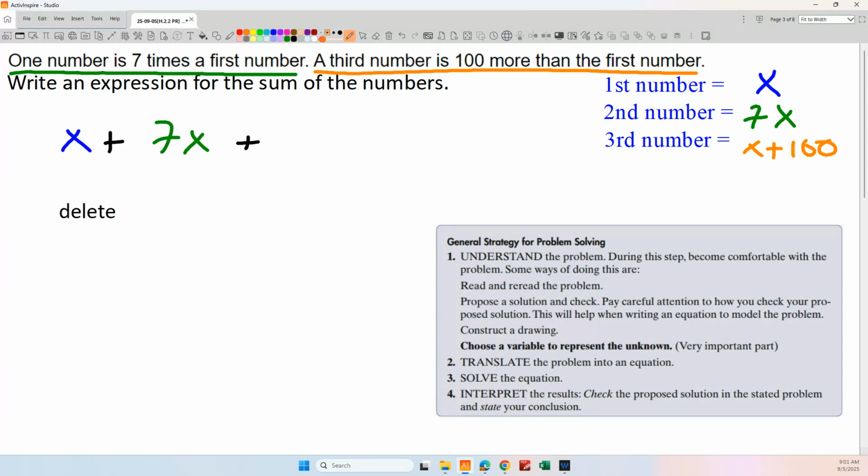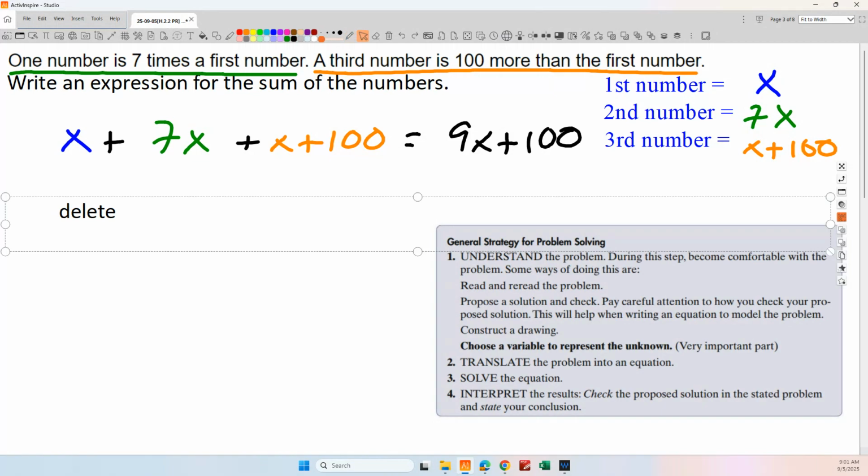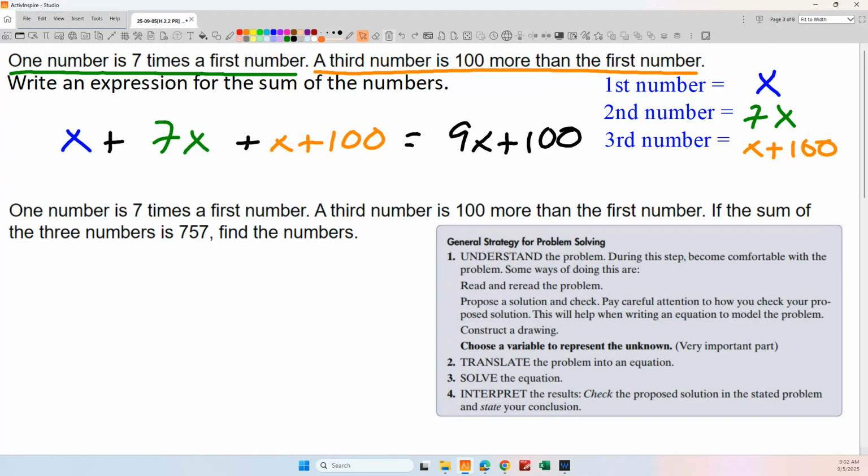Plus, which equals, good. Okay, no big deal. Now, what if the problem were just a little bit bigger? They're telling us the same information, but they want to know if the sum of the three numbers is 757, find the numbers. So what would I do?